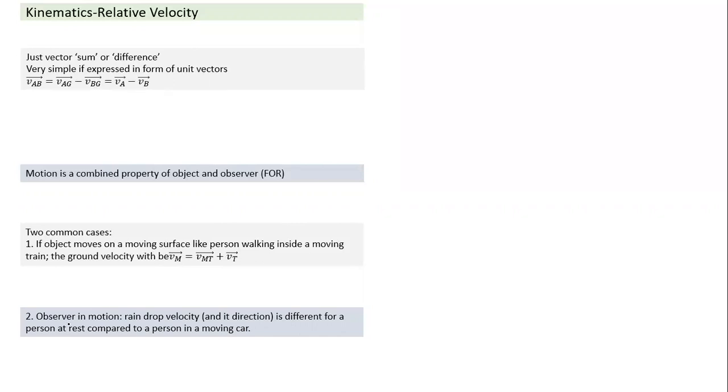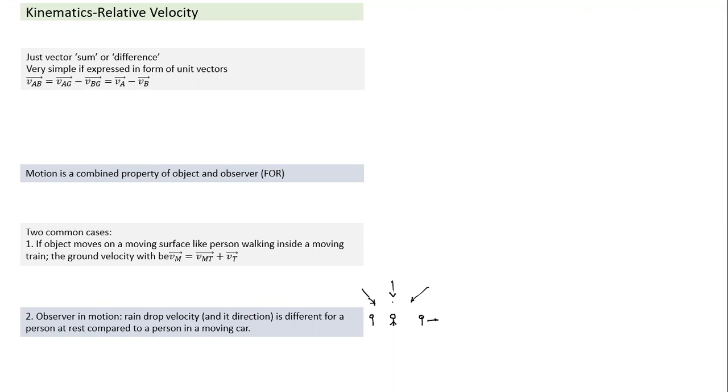And the second common case is when the observer is in motion, like with raindrops. See, how the rain is falling will appear different to different people depending on their motion. If the rain is truly falling vertically, it will be seen as vertical by a person at rest. But if another person is walking towards the right, to him it will appear to fall like this. And to a person walking towards the left, it will appear to fall like this.